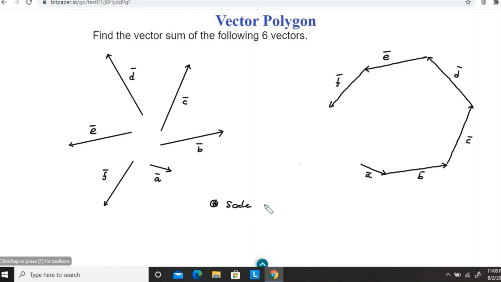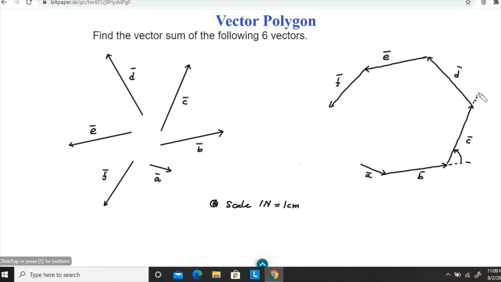Then you should have a scale like 1 Newton is represented by 1 centimeter. And then exactly, if it's 5 newtons, you represent that by a 5 centimeter length arrow. And in order to find the direction, you need to have a protractor. So then you get these angles using the protractor.